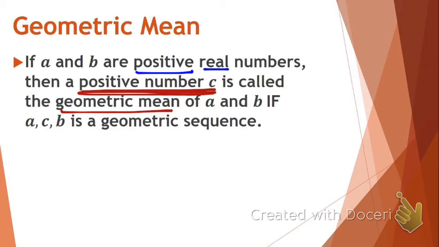All of these values will be positive. When we're talking about geometric means, they are always positive values. So we don't have to worry about any negative numbers coming in here. We're going to practice finding some geometric means.